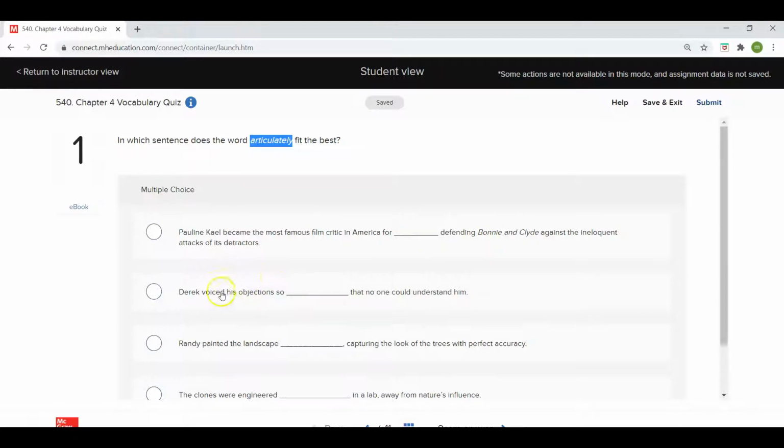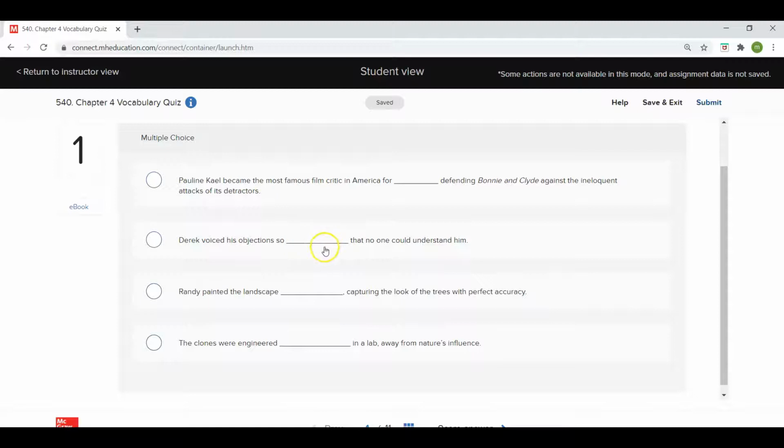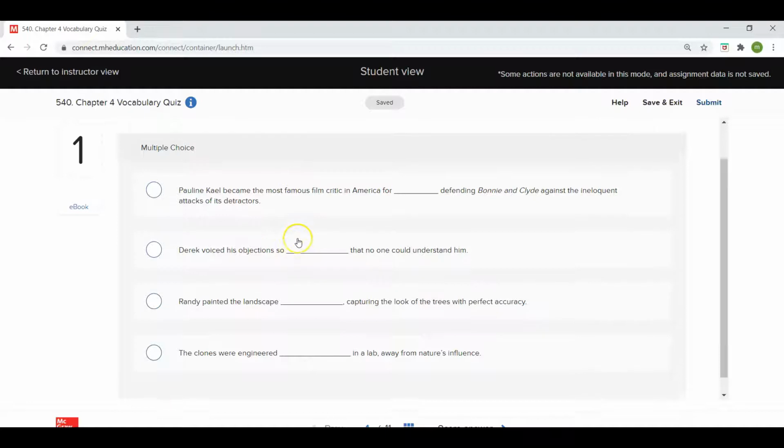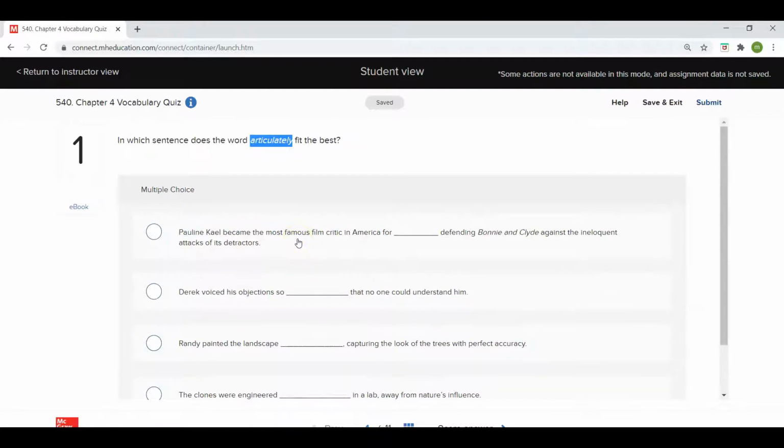But let's see. Derek voices objection so articulately that no one could understand him. Articulately is a positive thing. If nobody understood this person, the person was not articulate. All right, so I know that's not the answer, because it's something positive, and clearly this right here is something negative. And notice how I'm saying it. I know what articulately means. But for a moment, I'm pretending that I don't have a full understanding of the word.